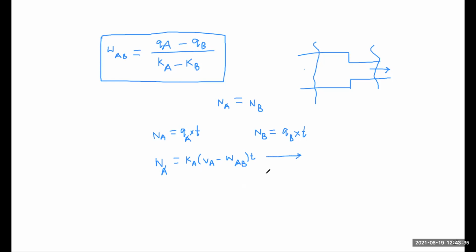Now equating both equations, because we consider Na is equal to Nb, that means the number of vehicles passing through section A and through section B is the same, we get this formula: WAB, that means for AB, is equal to traffic flow for A minus traffic flow for B divided by traffic density for A minus traffic density for B.